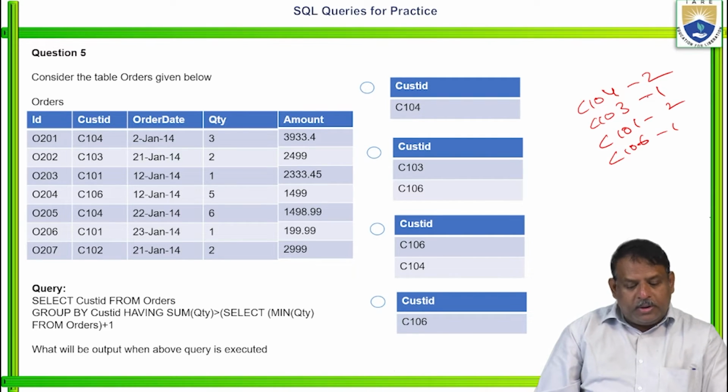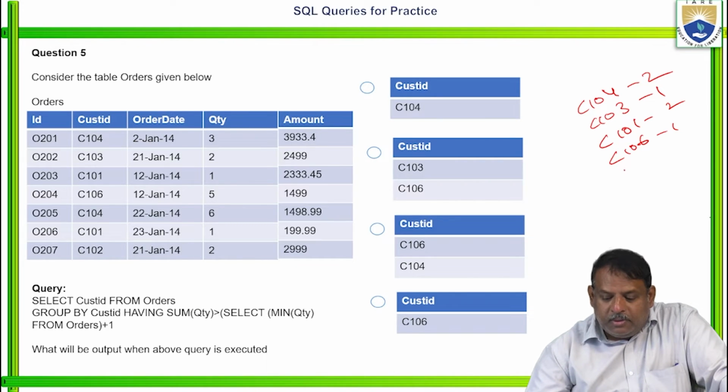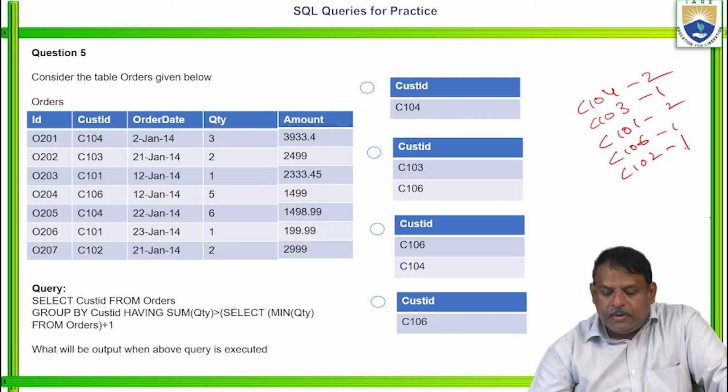Okay, we missed somewhere. C104, 2 records, correct. C103, 1 record. C101, 1 and 1, correct. C106. Okay, there's one more record, C102. Right?